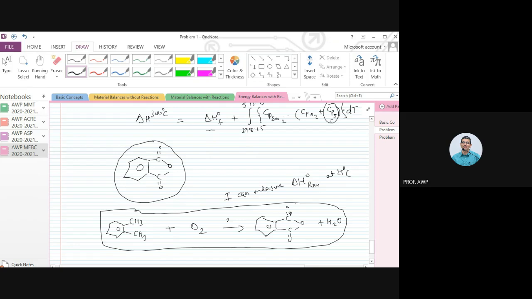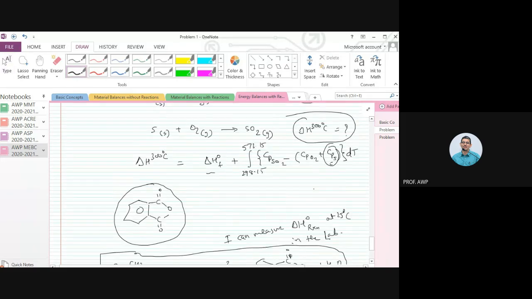This can be measured in the lab. So heat of formations may not be known always, and therefore then we will not know all these Cps of all the reactants. But I can measure the heat of reaction.